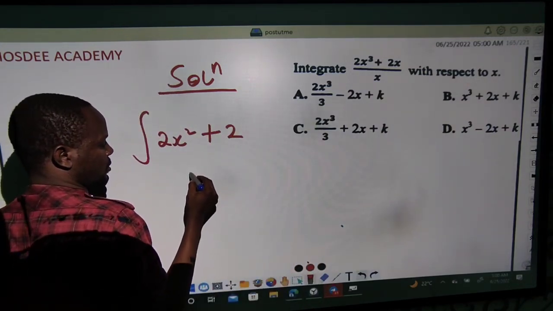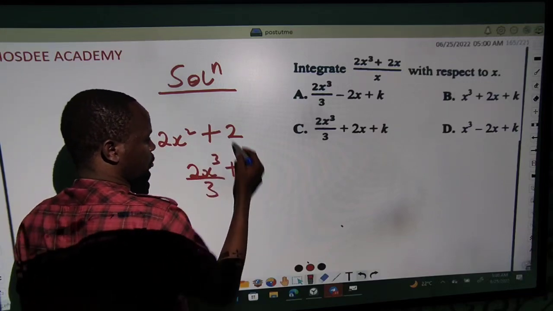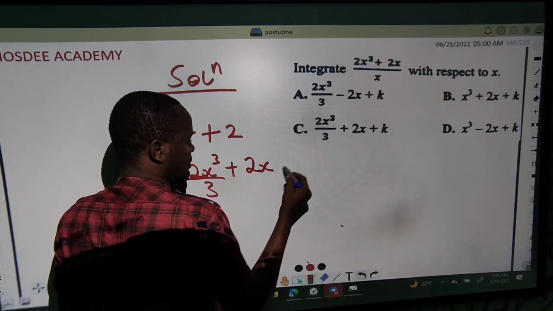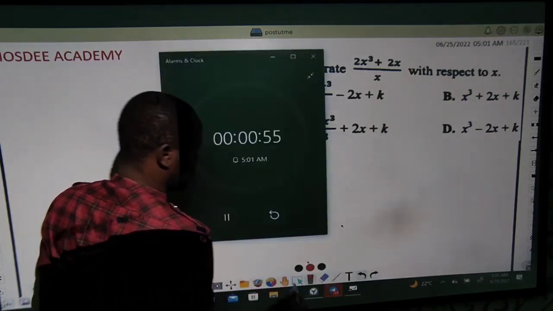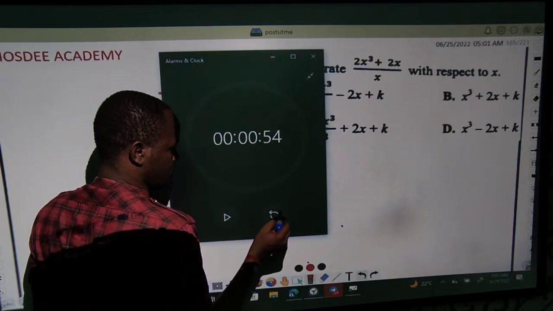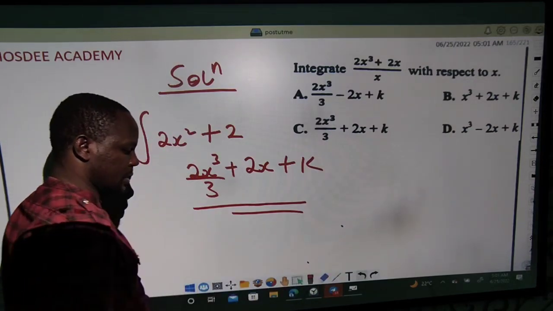So this is 2x, add 1 to the power, divide by the power, plus put a constant to this, 2x plus k. So something of this nature is what you are going to look for. Admin, kindly please move to the next question.